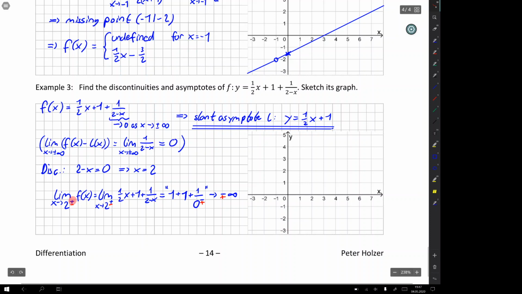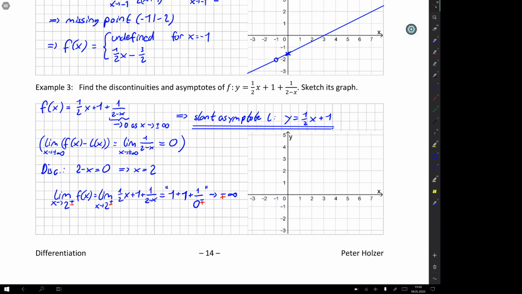So x is going towards 2 plus here. When we insert 2 plus in here, what we get is 1 plus 1. And here 1 divided by, and now 2 minus x. When the x is a little bit larger than 2, I have 2 plus. So I get 0 minus. I get a negative number, a little bit smaller than 0. Well, 1 divided by this goes towards minus infinity, so the whole thing goes off to minus infinity.